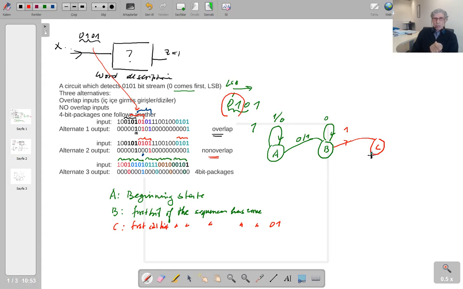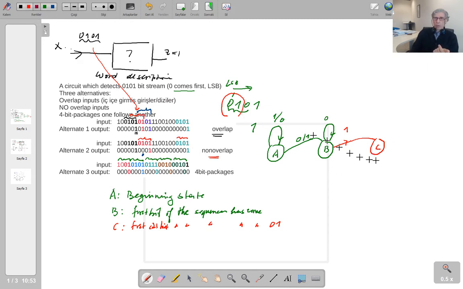So consider we are in state C now. In state C, when 0 comes, what happens is this. When 0 comes here, that could be your sequence, isn't it? The first bit 0 came, 0, 1 came. So the fourth one is going to be D state. Let me change it to a different color.